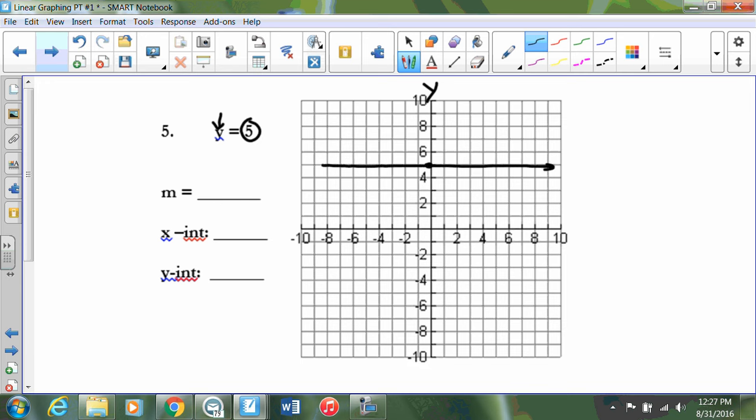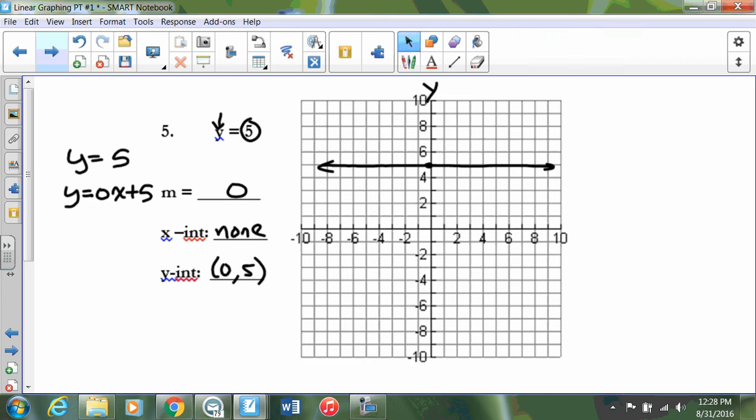Or you could rewrite it as y equals 0x plus 5. And then that reminds you, oh, that's right, it's a slope of 0, so the line is flat. So our slope is 0. It definitely doesn't hit the x-axis, so there's not an x-intercept, and the y-intercept occurs at 0, 5.